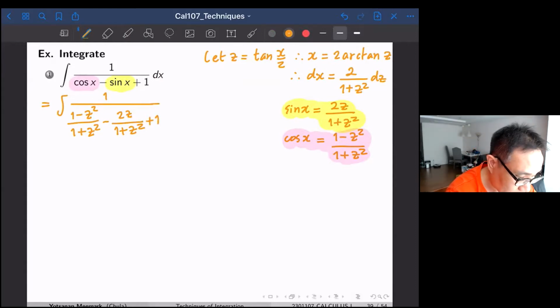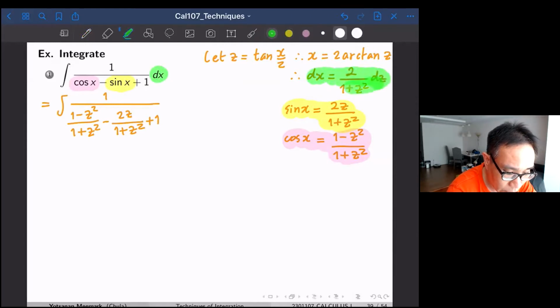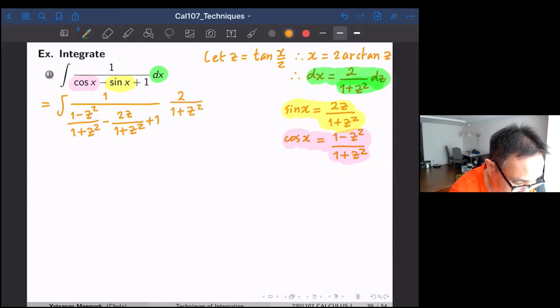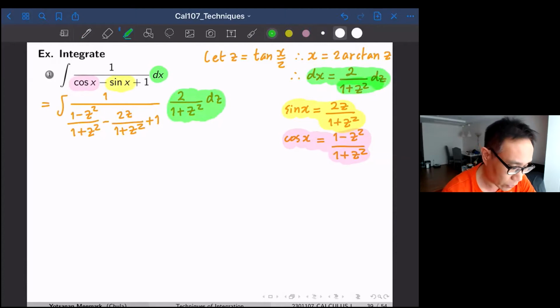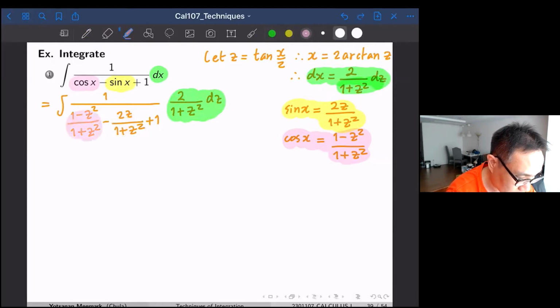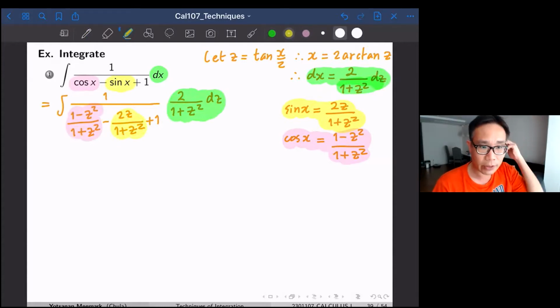And you see that you have dx equal to 2 over 1 plus z squared dz. This one will be the green one. So you highlight the color first: this one is cos, this one is sine, and you copy everything down according to the color. You see it looks messy.